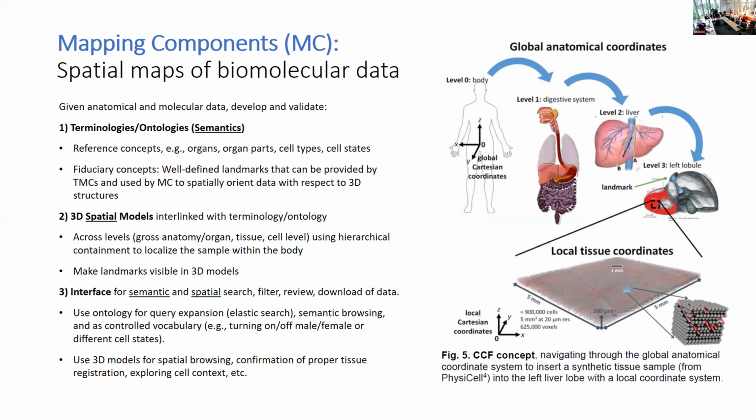You can start at the whole body level, and then you can go say, well, within the body, there are multiple systems, say the digestive system. And within the digestive system are contained multiple organs, like the liver. And within the liver are contained multiple smaller structures, like lobes or lobules. And within there, you might actually have some kind of a local coordinate system in Cartesian coordinates, where you might map all sorts of segmented structures like cells and other things that are extracted from microscopy, as you've seen in the amazing talks in the prior talk.